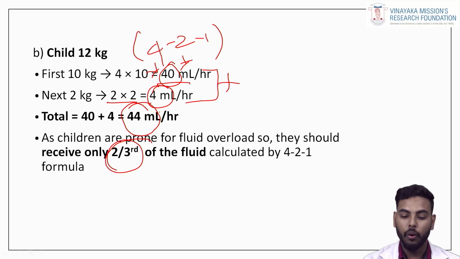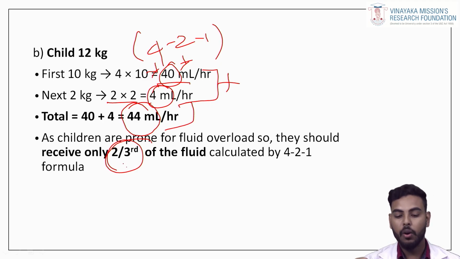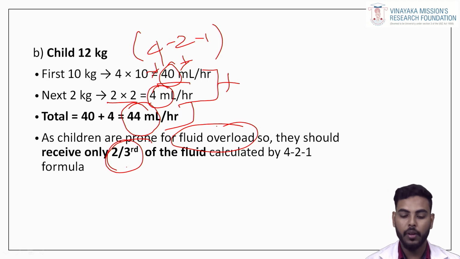We have to give only 2/3 of this, because children are prone to fluid overload. So we have to avoid that and only provide 2/3 of the calculated value.